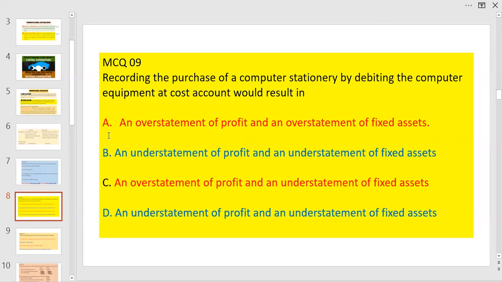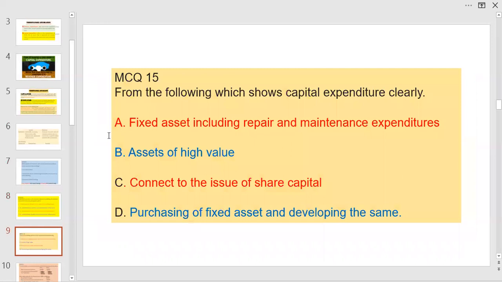Okay, the next MCQ. From the following, which shows capital expenditure clearly? A. Fixed assets, capital expenditure, including repair and maintenance expenditure, those are revenue expenditure. Therefore, this statement is incorrect. B. Assets of high value.